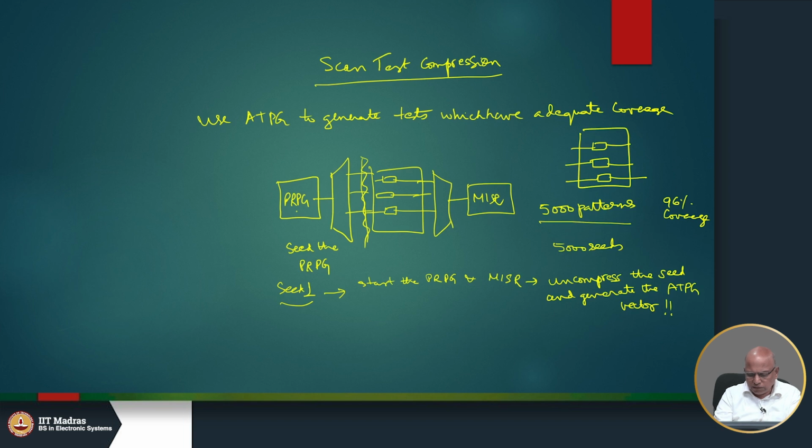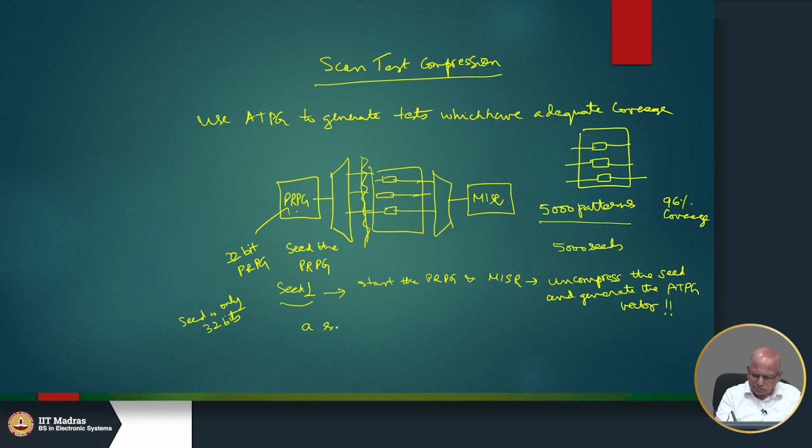So if we can replace that with just loading a small seed, maybe this is a 32-bit LFSR. So, the seed is only 32 bits. So, one 32-bit seed may be able to generate a complete ATPG vector.